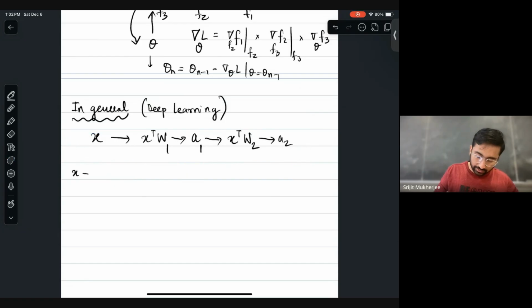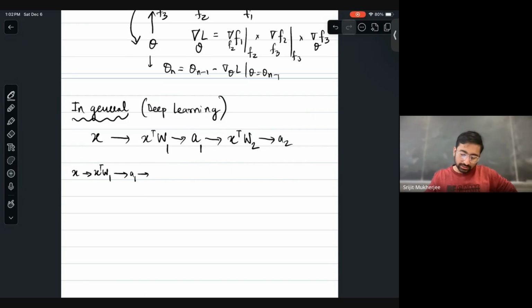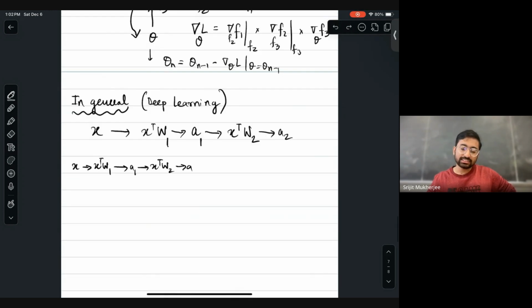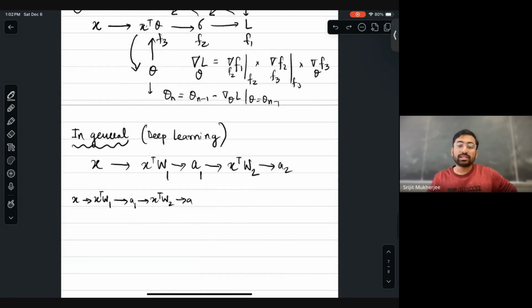In general X, then X W1, then A1, then X W2, then A2. You can say that, but understand here the X is not this. X is A of X transpose W.